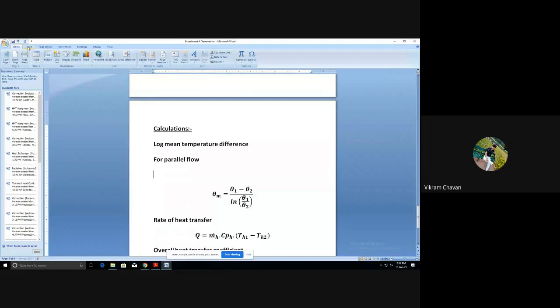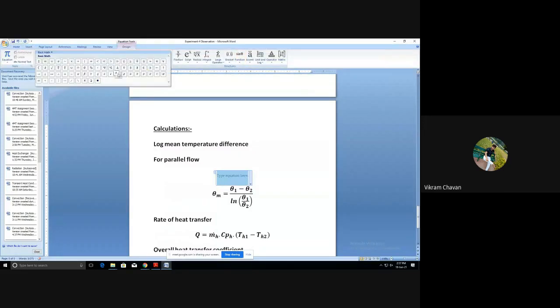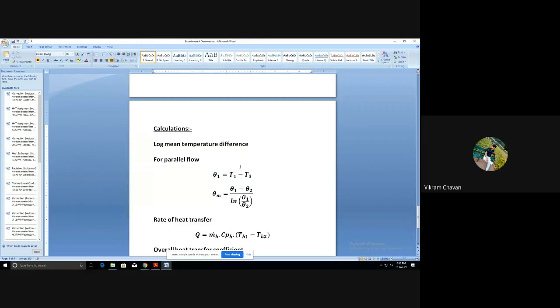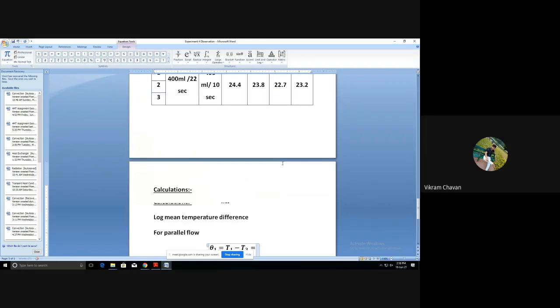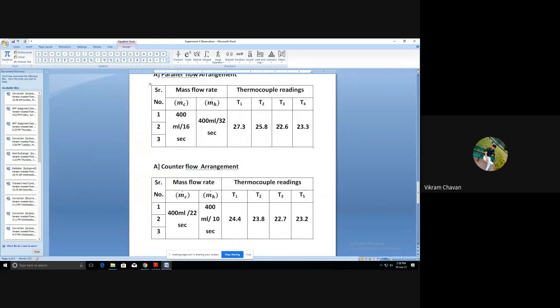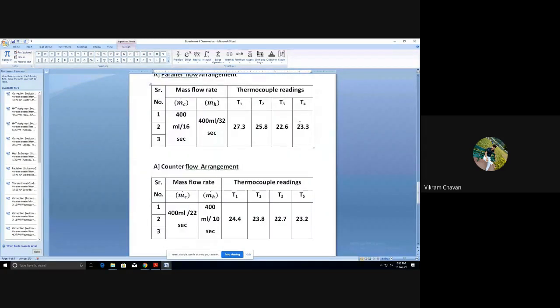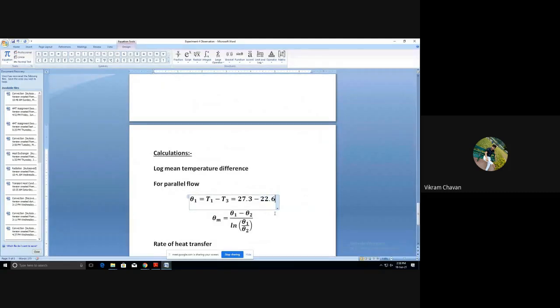Theta 1 is the hot fluid inlet temperature minus the cold fluid inlet temperature, that is T1 minus T3. In the parallel flow case, T1 is 27.3 and T3 is 22.6. How much is it?